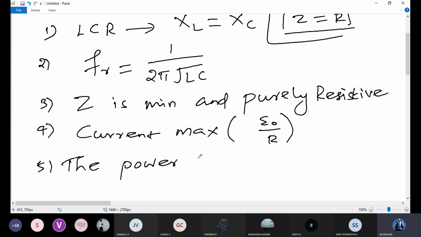So yesterday only we discussed power factors in LCR circuit. Power dissipated is maximum.